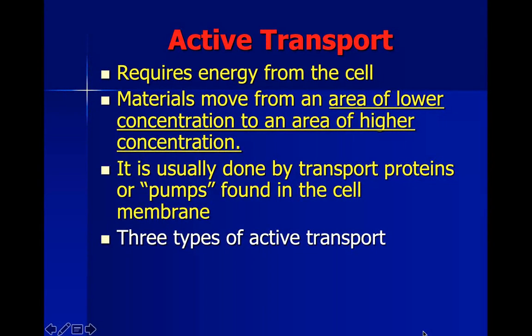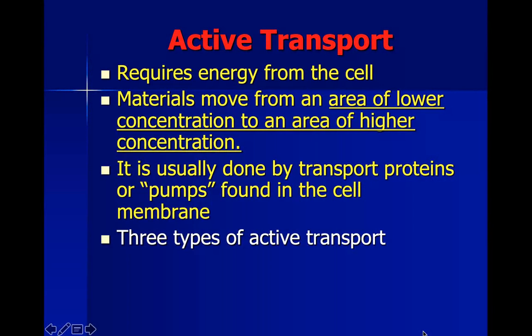So on your screen, you should be able to see that active transport is going to be similar to passive transport, but also different in a very, very big way. How is it similar? With active transport, materials are still moving into or out of a cell across the cell membrane.